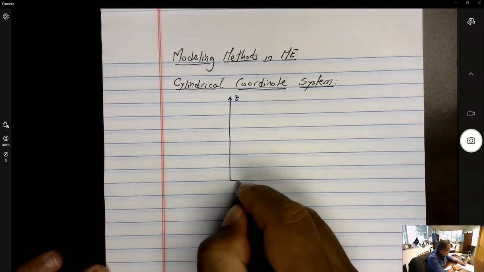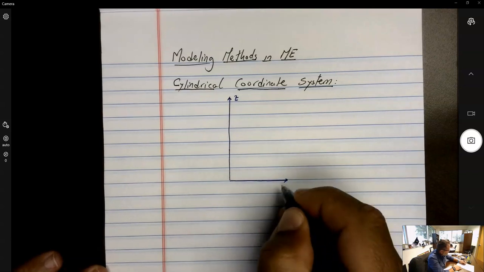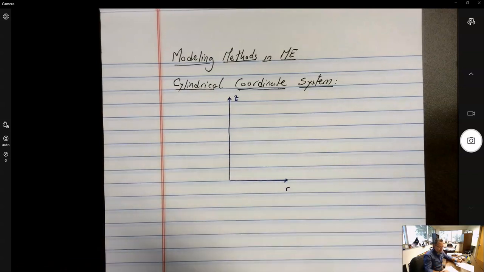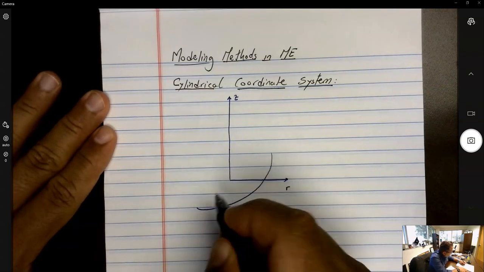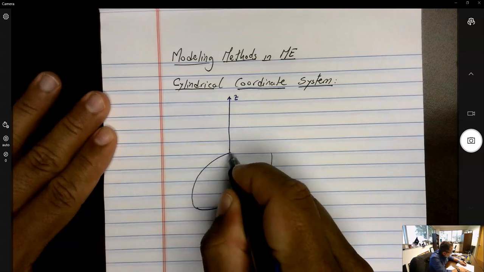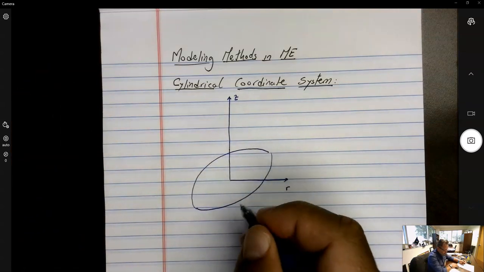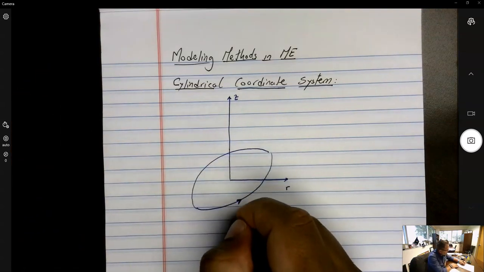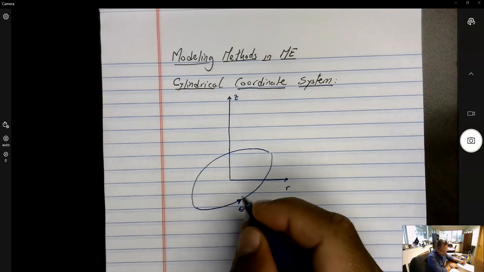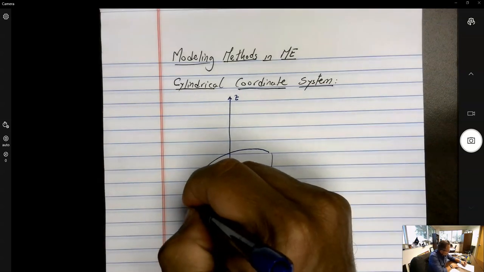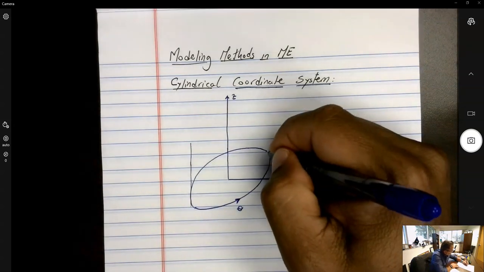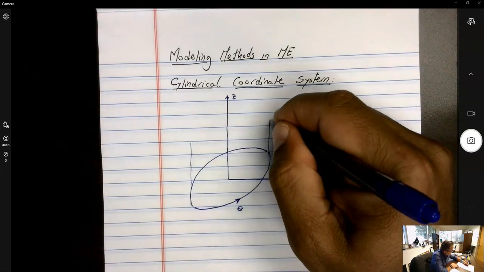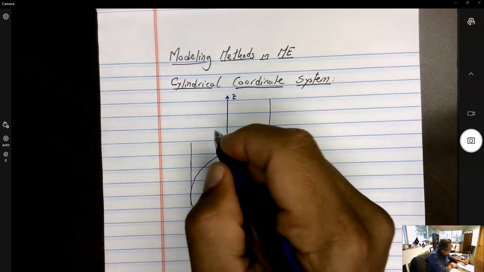So let's look at the coordinate system R, theta, and Z. And so the theta direction, again, is the tangential one. So this will be theta.